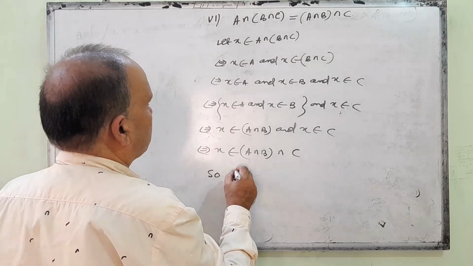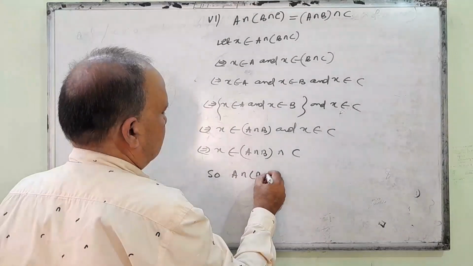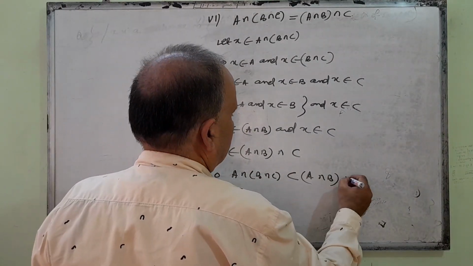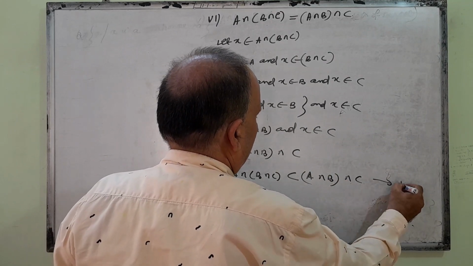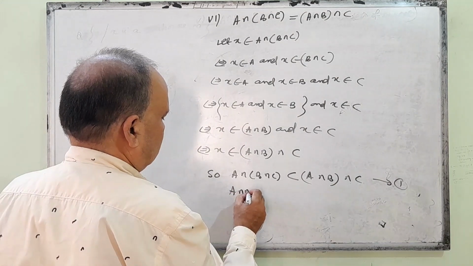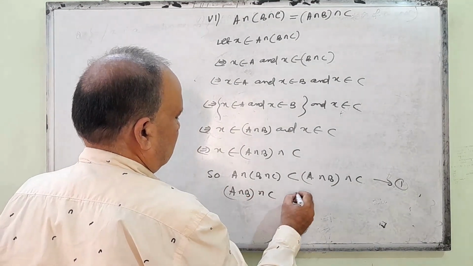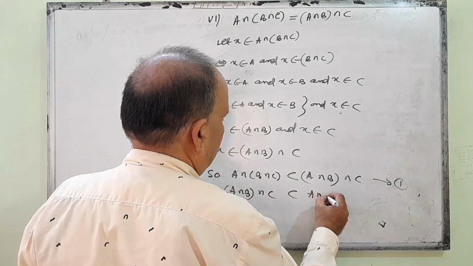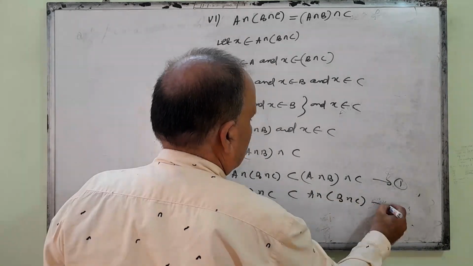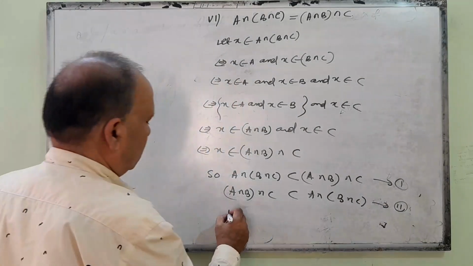So we can say A intersection B intersection C is a subset of A intersection B intersection C. This is the first, from bottom to top. A intersection B intersection C is a subset of A intersection B intersection C. You remember this?